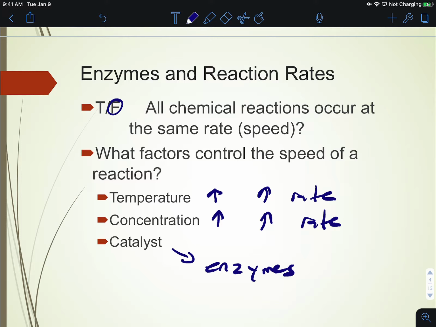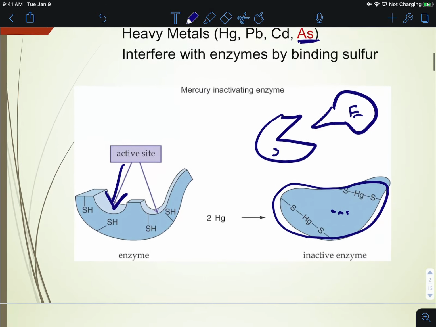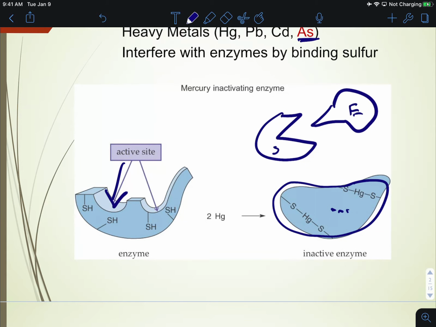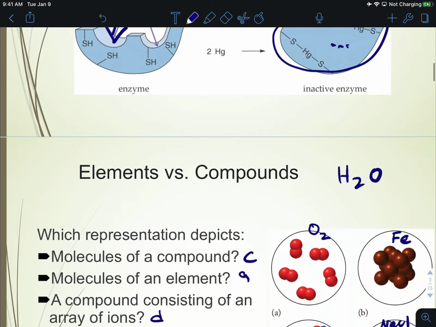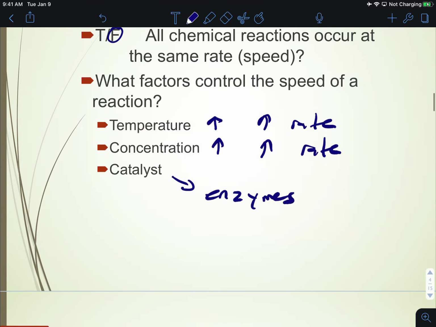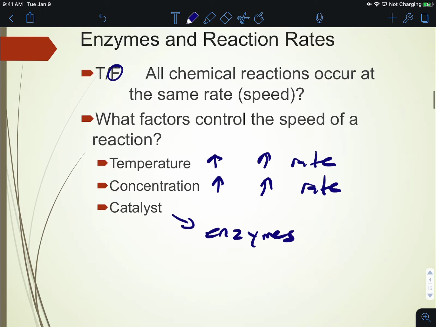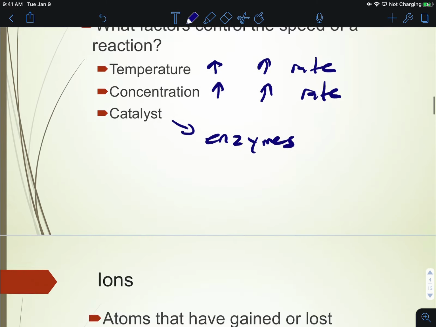Most reactions are catalyzed by enzymes. The key is they're not consumed. They do that in several ways, just like that figure I showed you previously. They provide a site for species to come together, and that speeds up a reaction. That's where your catalytic converter works. It provides a surface for the gas molecules to come together and react.